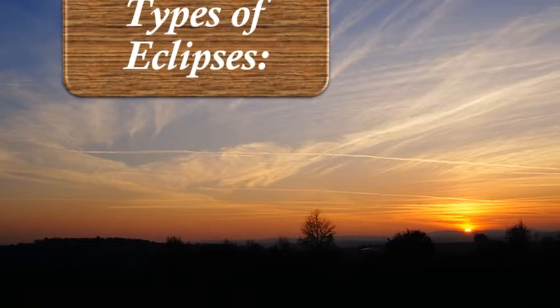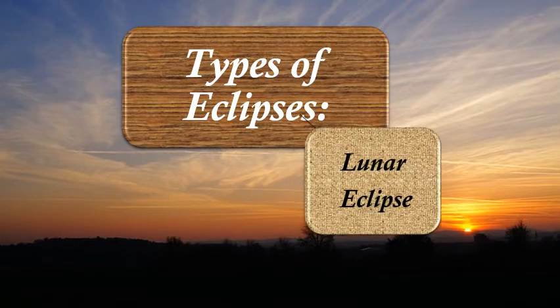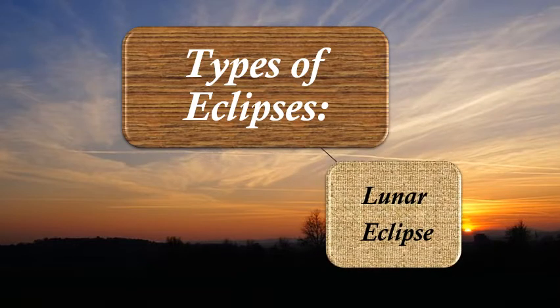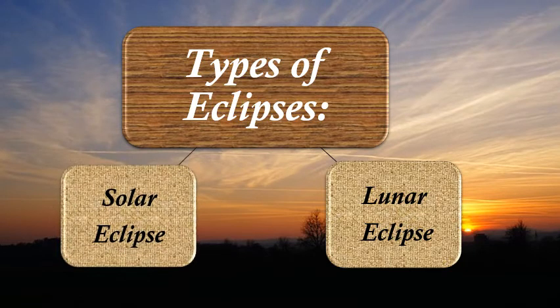As we know, there are two types of eclipses. Number 1, lunar eclipse and number 2, solar eclipse. First of all we should know that solar is the word that indicates sun and lunar is the word that indicates moon.